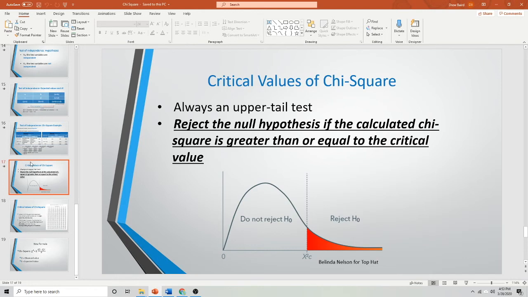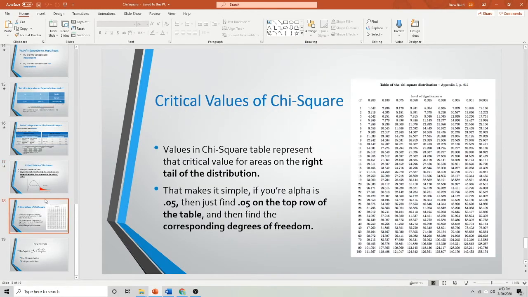You still maintain your null hypothesis. So you already have this. Here's your chi-square table. You use it similarly to your t-test table. So just figure out the degrees of freedom. Remember k minus 1, and then find that's your row, and then find your column with your alpha.